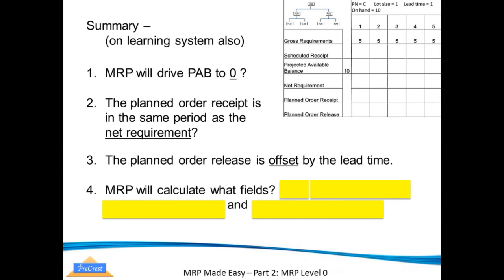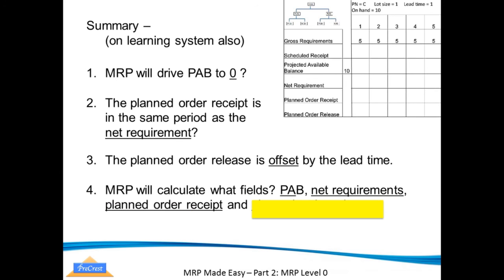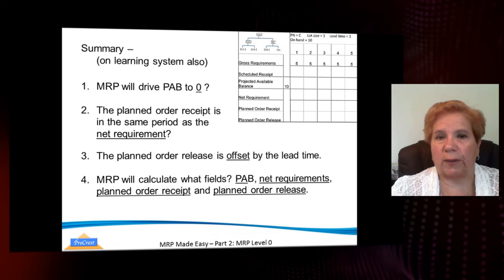We don't need to do it. MRP will calculate what fields? The PAB, the net requirements, the planned order receipt, and the planned order release. We don't have to do any of that. So look how easy MRP has made planning for us.